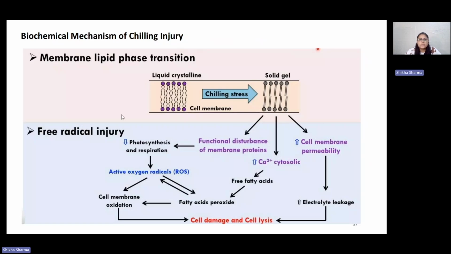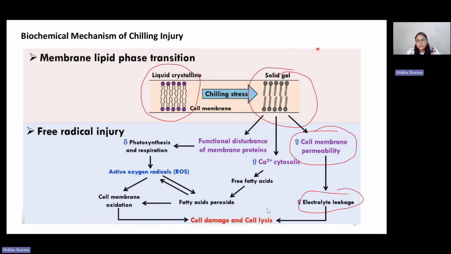The membrane lipids are in the liquid crystalline state, but because of chilling injury, they are converted into solid gel. Because of that, there can be an increase in the cell membrane permeability and electrolyte leakage, and thereby cell damage and cell lysis.